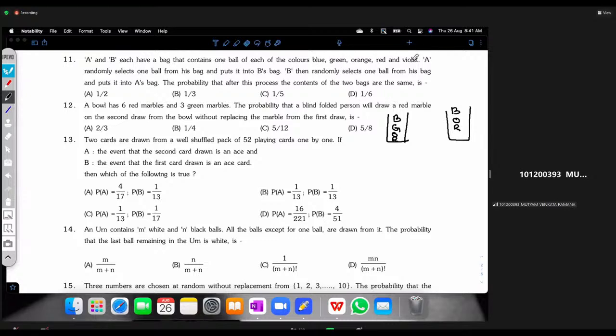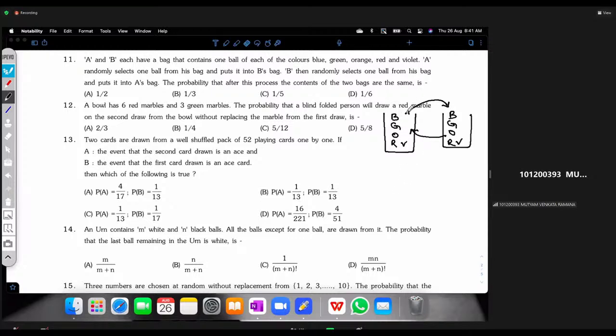Oh, 1, 2, 3, 4, 5: blue, green, orange, red, violet. A randomly selects one ball from his bag and puts it into this one. Then B selects one ball from here and puts it back. The probability that after this process the contents of the two bags are the same.